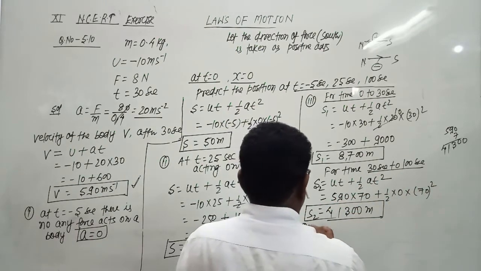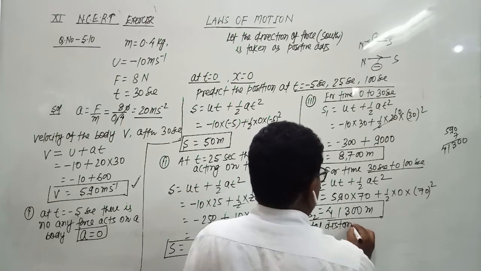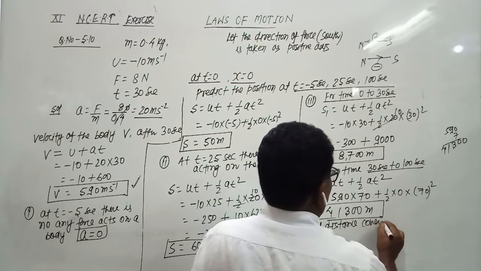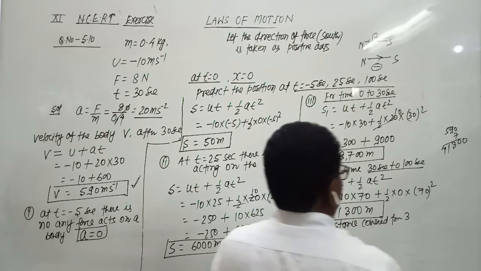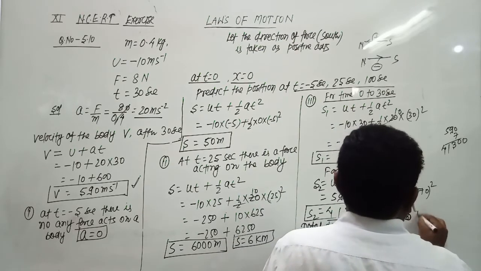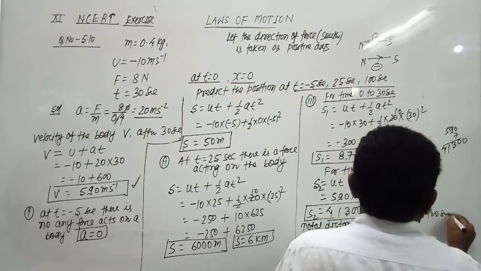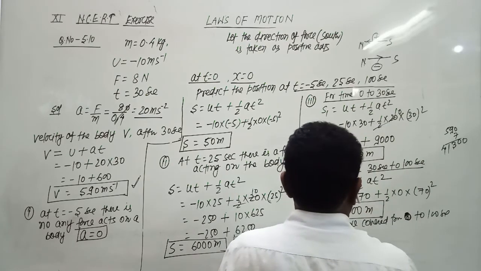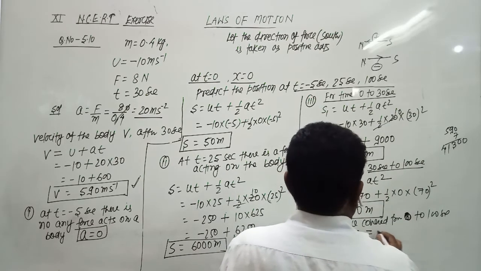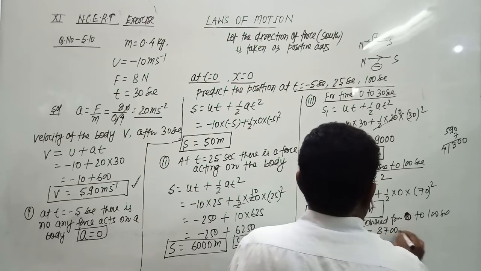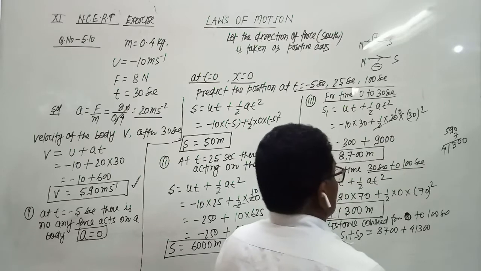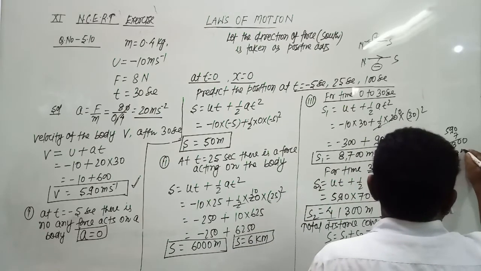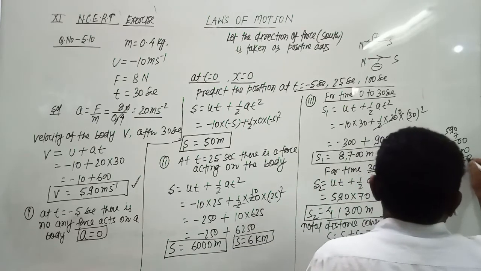Now the total distance covered from 0 second to 100 second. S equals to S1 plus S2. So 8700 plus 41300.